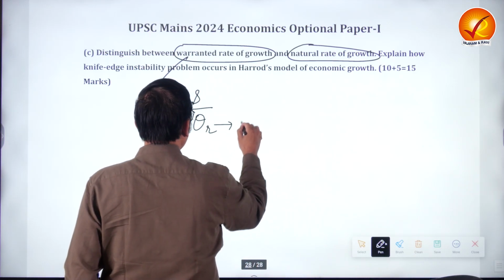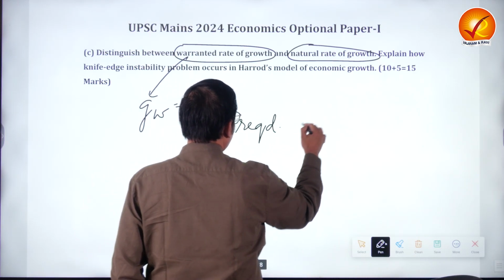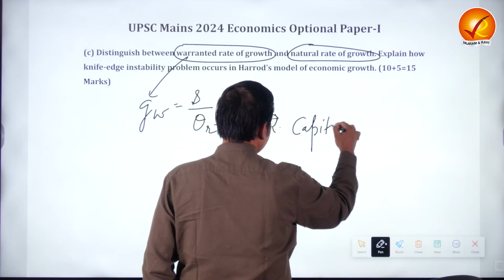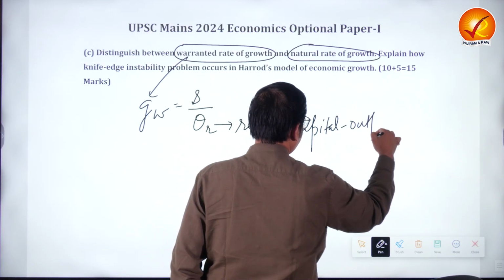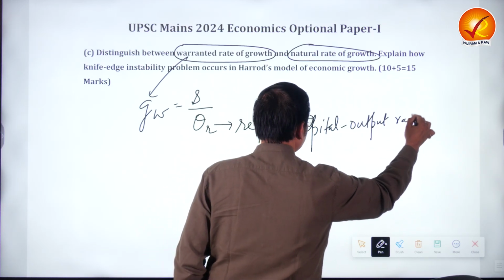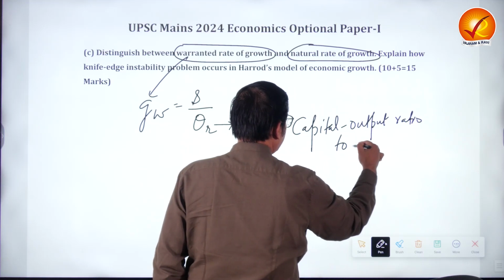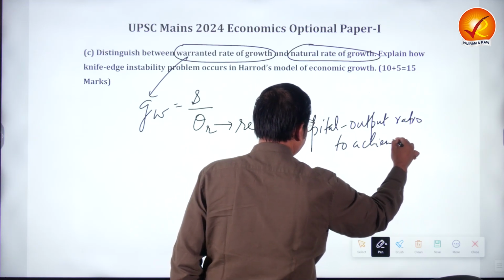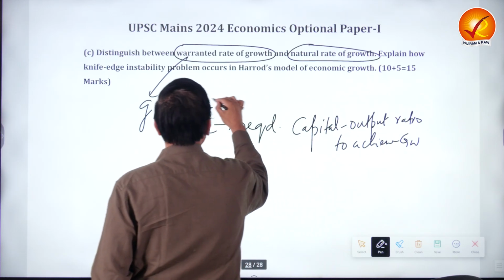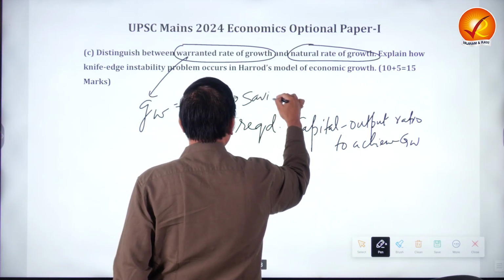This theta R is the required capital to output ratio to achieve the warranted rate of growth. S is the savings rate.